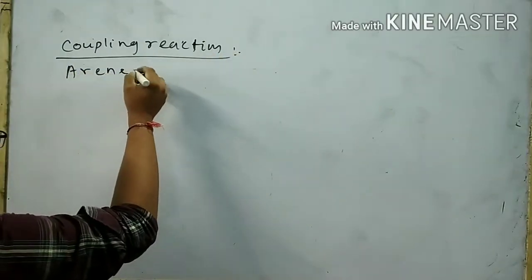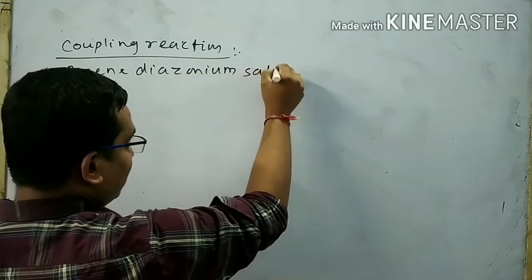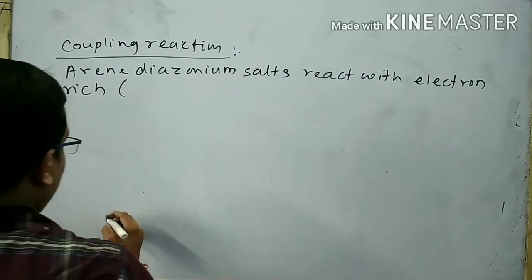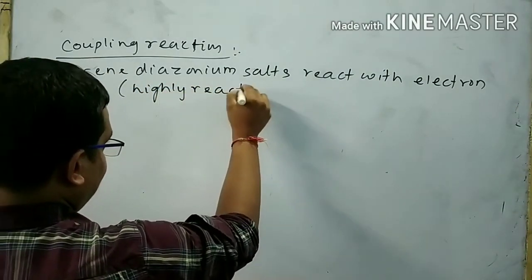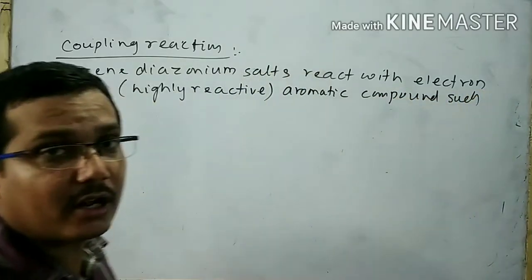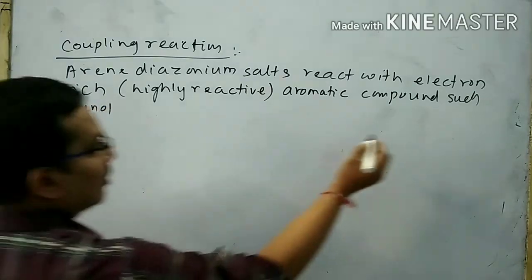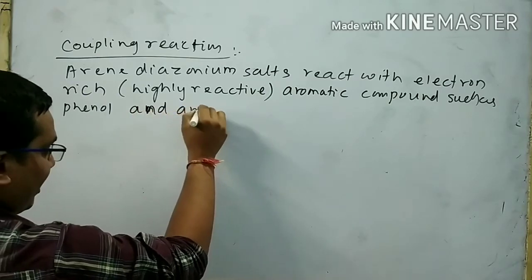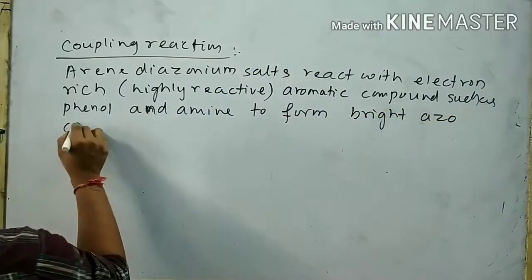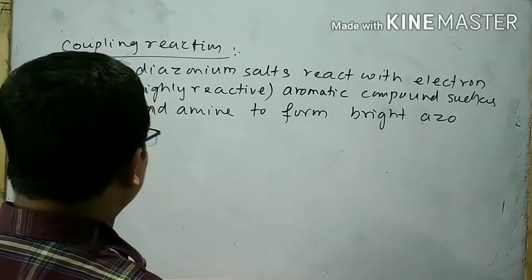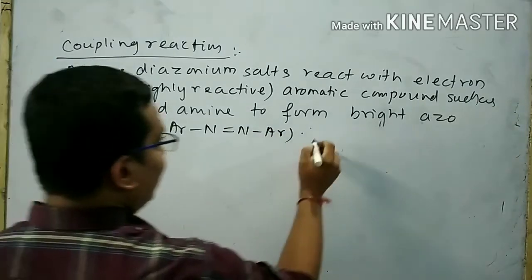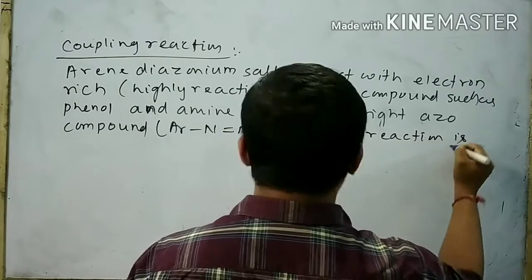Arene diazonium salts react with electron rich, that is highly reactive, aromatic compounds such as phenol and amine to form bright azo compounds, that is Ar-N=N-Ar. This reaction is called coupling.